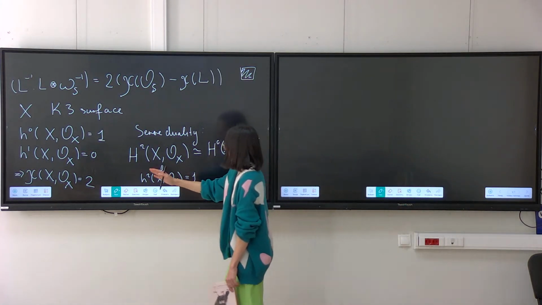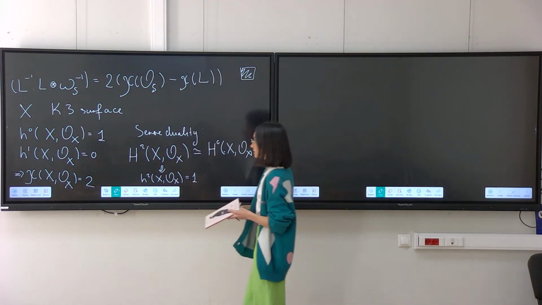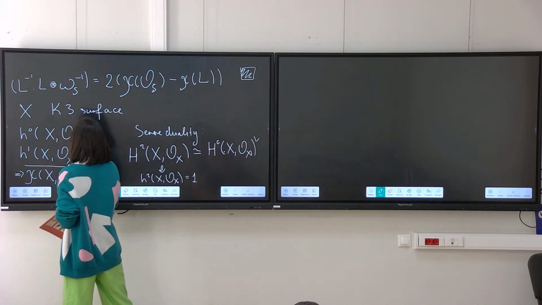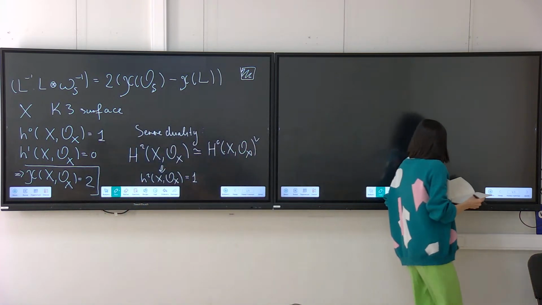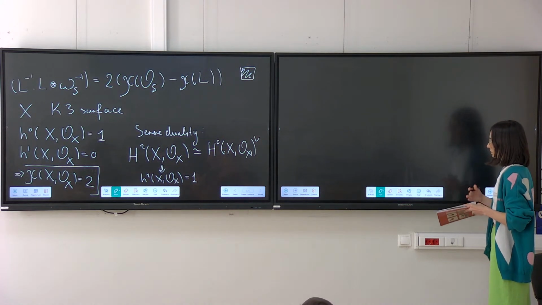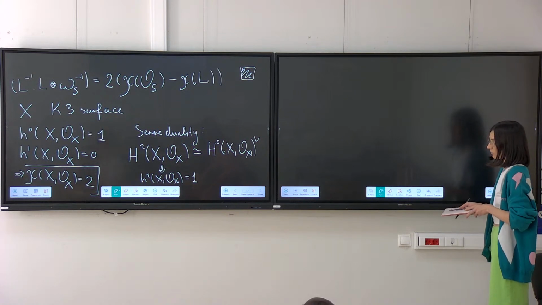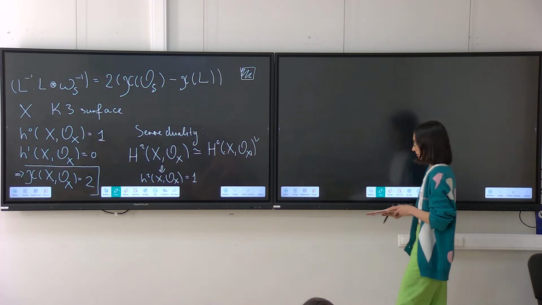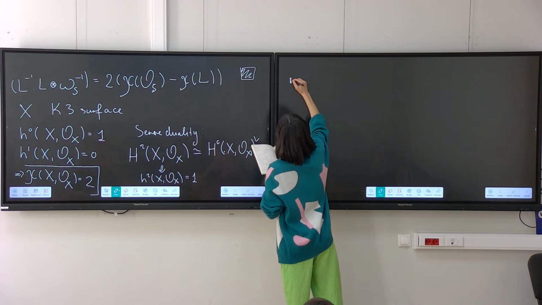So, okay, we get this, and from this, for example, we can immediately get that if we consider K3 surfaces over a separably closed field, then there will be no unramified covers of K3 surfaces. Okay, why is this so?